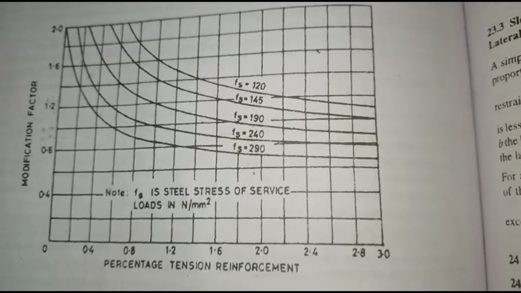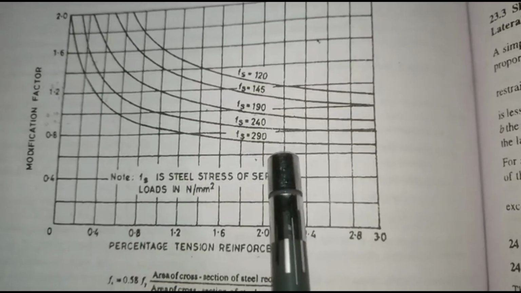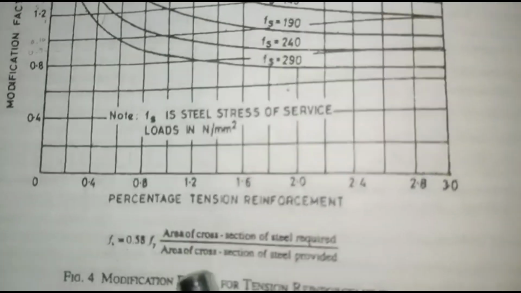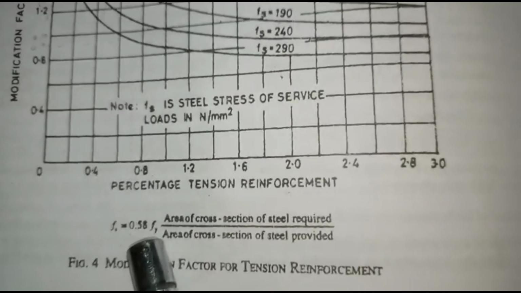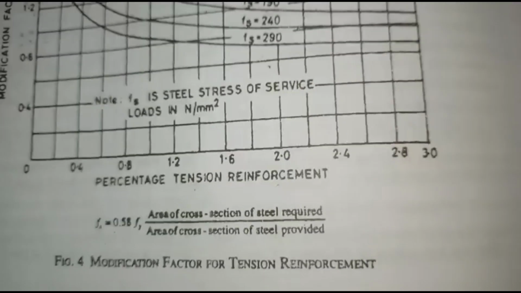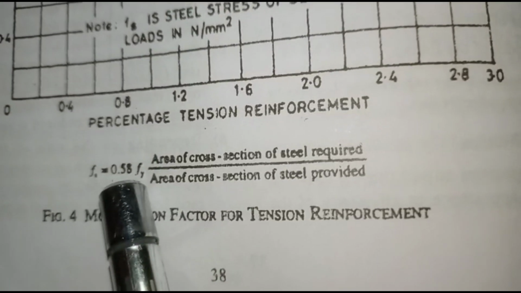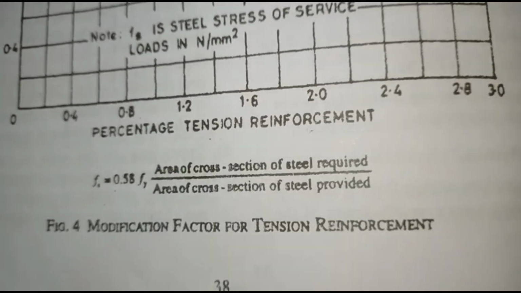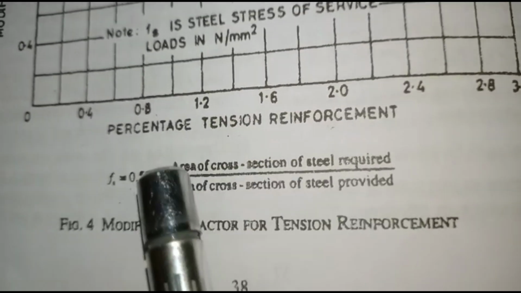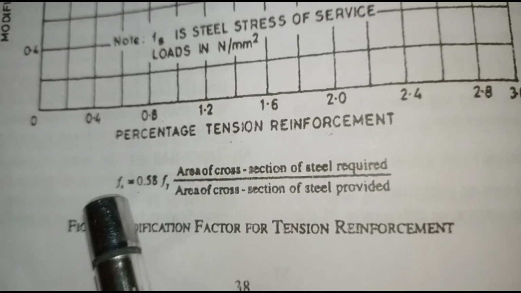Before coming to this chart, there is one formula they have given, that is Fs is equal to 0.87 Fy into area of cross section of steel required divided by area of cross section of steel provided. So by using this formula we need to calculate the Fs.